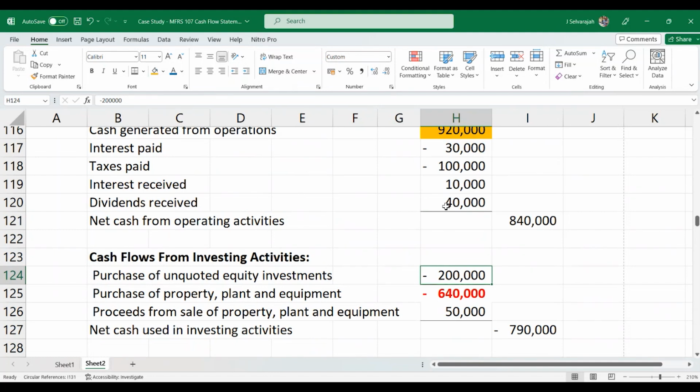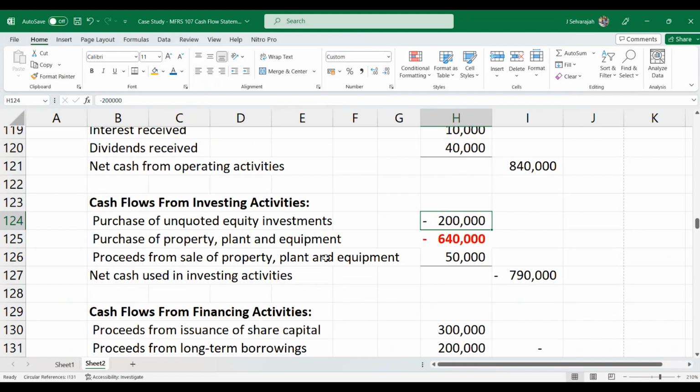You see, it's all about judgment. What are you using the dividend for? It goes into the general bank account, and the bank account is being used, dividend inclusive. So it's made for operations.